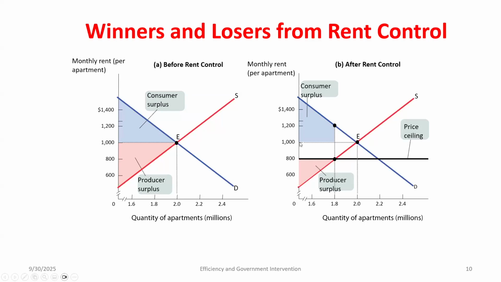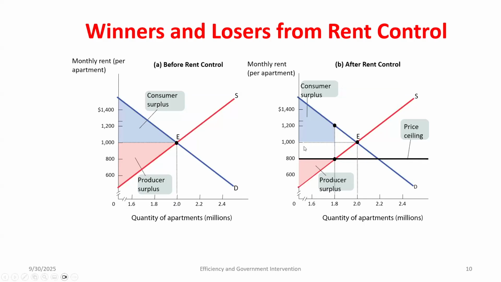It was the difference between the old price and the demand curve up to this new quantity in the market after the price control. Now, this rectangle in the middle here is now also part of consumer surplus because the new price they pay is actually lower. So for everybody who buys an apartment still, their consumer surplus has gone up, right?